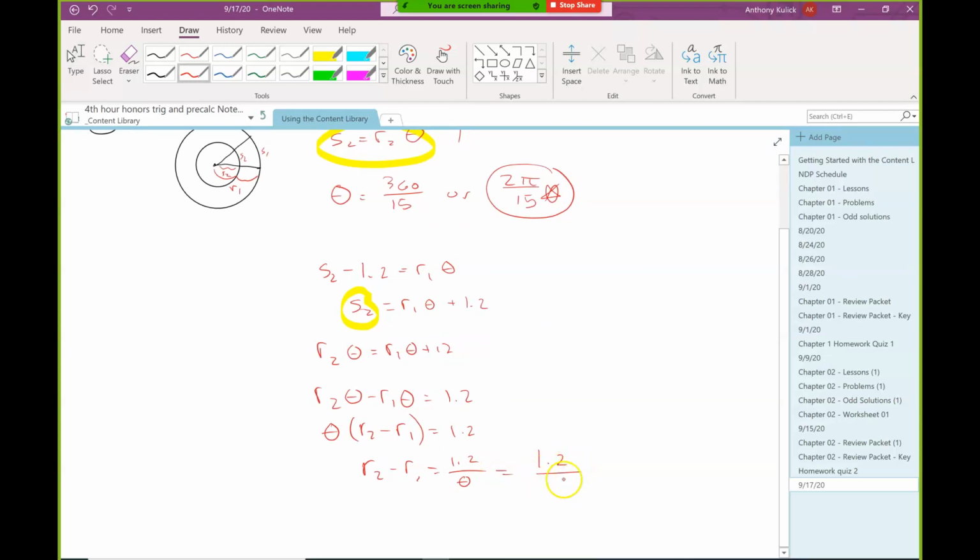So now I'm going to go ahead and plug in the 2 pi over 15. So when I take the reciprocal and multiply, I have this, and then it's calculator time for me. So this should be about 28.3 centimeters longer.